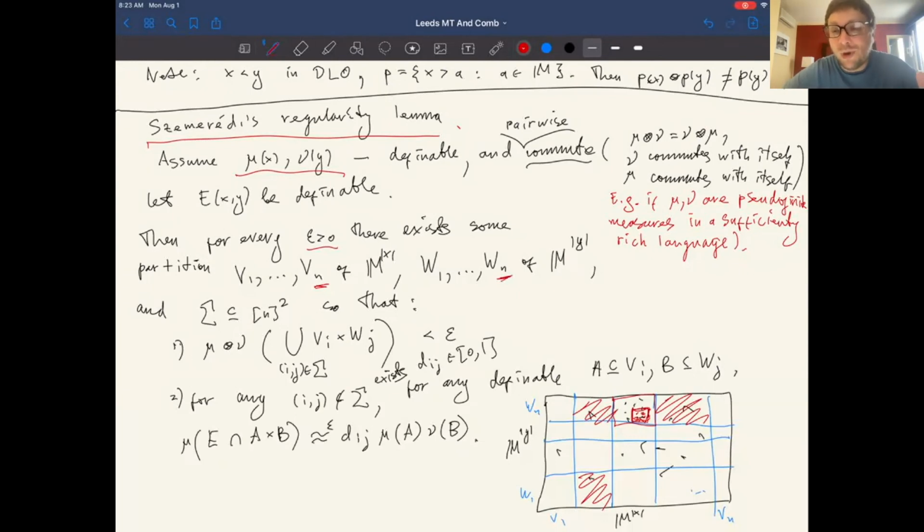But thanks to a compactness argument, a logical compactness argument, we can actually reverse these quantifiers. So what we can show is that this n depends only on epsilon and doesn't depend on mu, nu, or e. So in fact, very importantly, n can be chosen to only depend on epsilon.